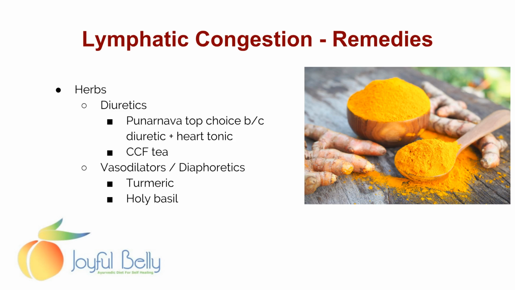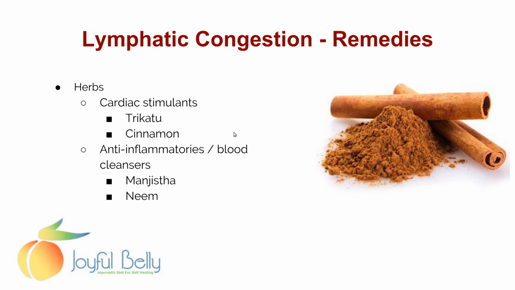That includes turmeric and holy basil, also known as tulsi. Your cardiac stimulants in Ayurveda are trikatu and cinnamon. And your anti-inflammatories, as well as blood cleansers, are going to be important for the lymphatic system, like manjistha and neem.